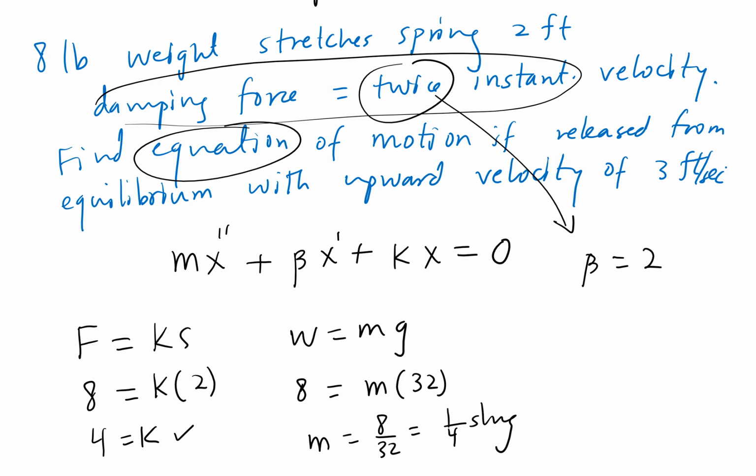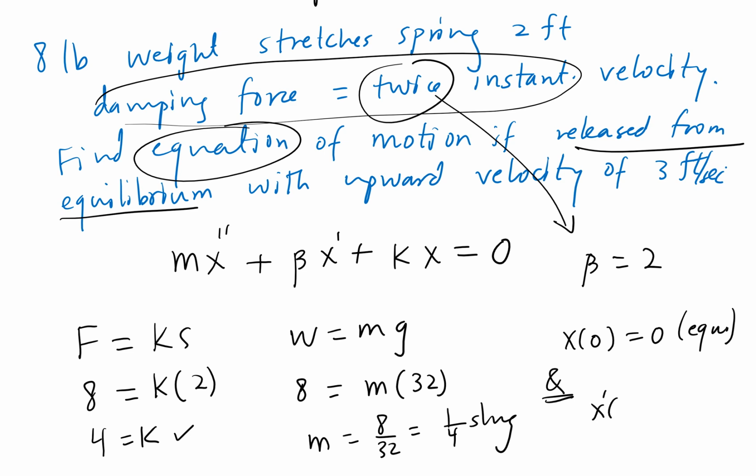Now they give us more information about the 3 feet per second. The motion is released from equilibrium, that's when x of 0 is 0, the equilibrium position. And they give us an upward velocity. Upward means in the negative direction, so x prime of 0 is -3.